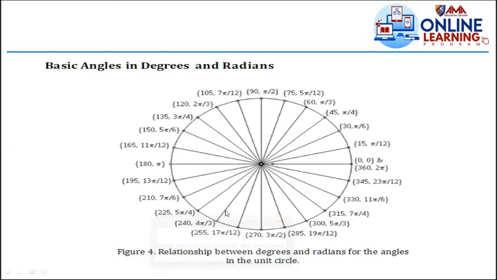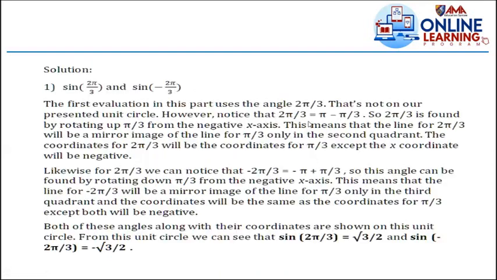So, ito yung value niya, which is the mirror of pi all over 3. Kaya sabi niya dito, this means that the line for negative 2 pi all over 3 will be a mirror image of the line for pi all over 3, only in the third quadrant, and the coordinates will be the same as the coordinates of pi all over 3, except both will be negative.